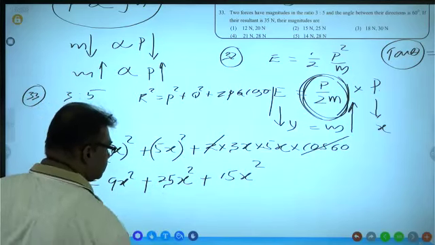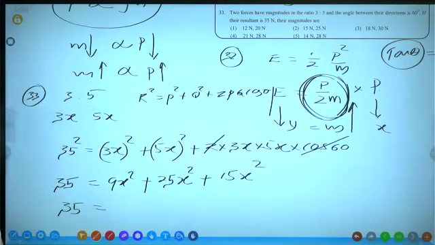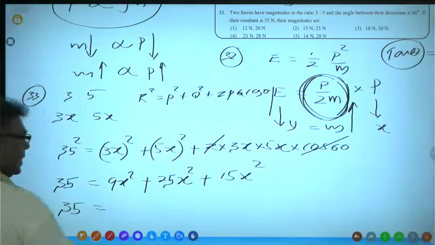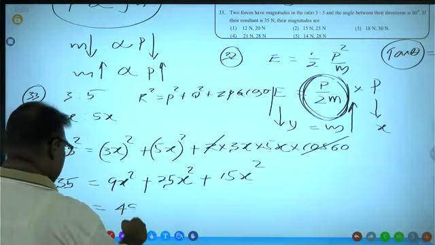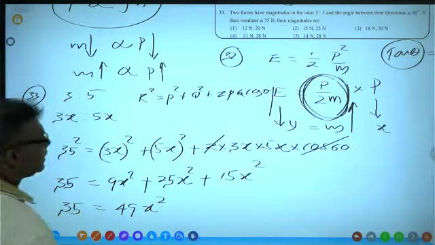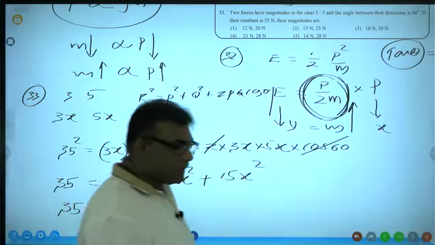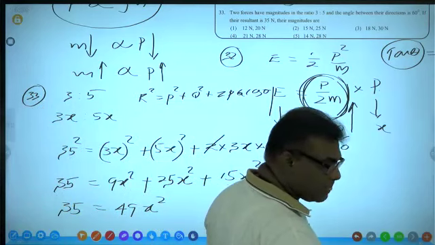Adding 9, 25 and 15, we get 49x squared. Then we can continue the simplification.